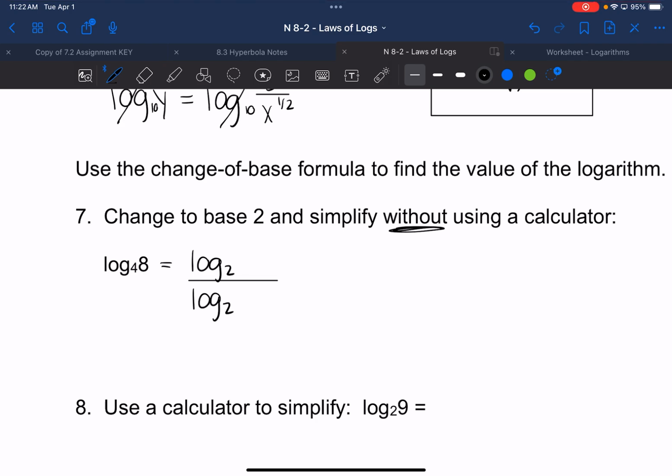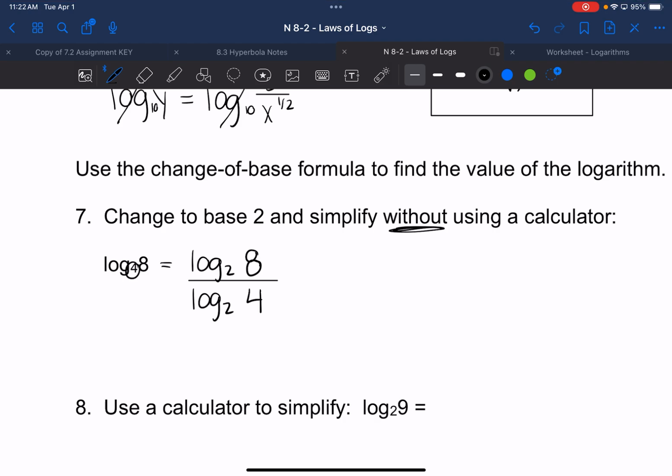It doesn't. So we've got m, which is supposed to go to the top. What's our m? 8. So the 8 goes here. All right. Okay, and then what goes to the bottom? The original base, our 4. And now these two separate logarithms are equivalent to the one that we started with. So when you actually divide these logarithms, you get the same answer, okay?